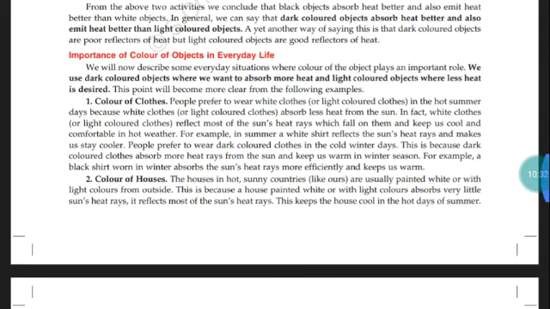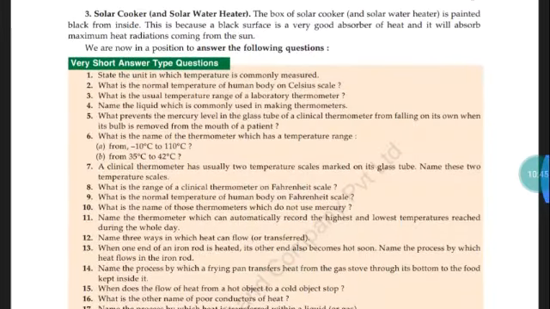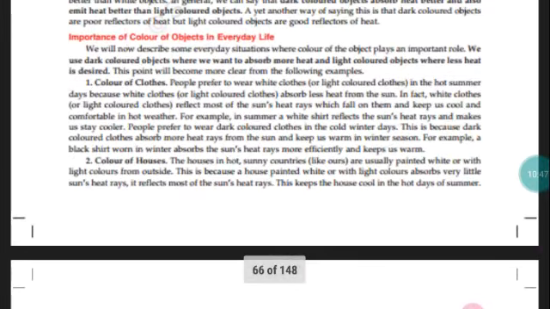During night we can wear dark clothes, but during daytime we should prefer to wear light colored or white clothes. So that's all about color of clothes.